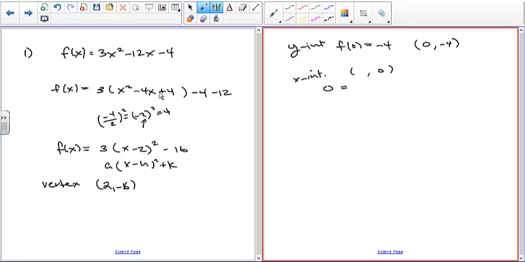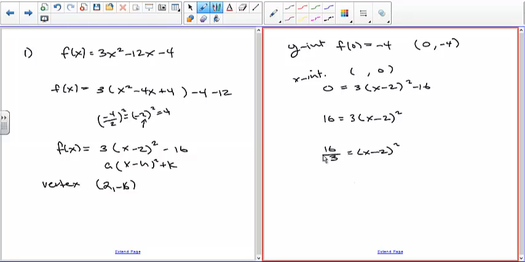What values of x do we plug into here to get 0? So we take the standard form, and this is kind of like completing the square in some ways. So we want to solve for x. So you add 16 to both sides. You divide both sides by 3.